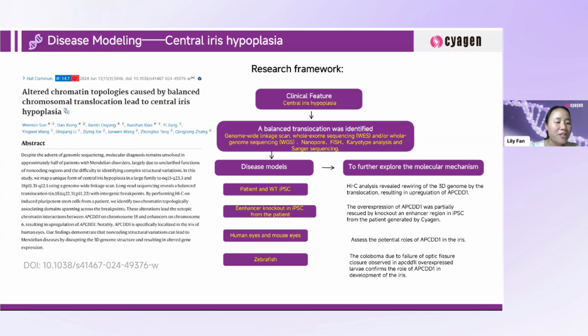By using patient and wild-type iPSC, research found the rewiring of the 3D genome by the translocation, resulting in upregulation of PRDM1. By enhancer knockout in iPSC from the patient, they found that the overexpression of PRDM1 was partially rescued.